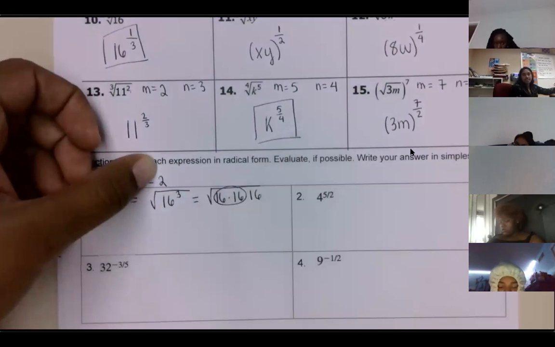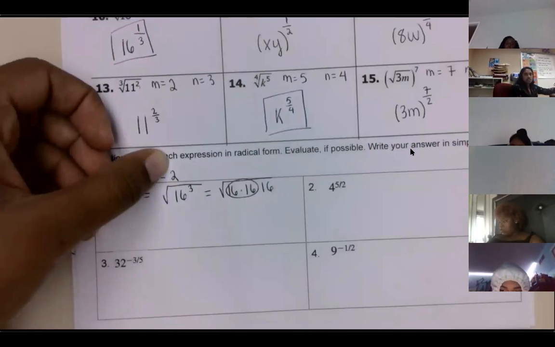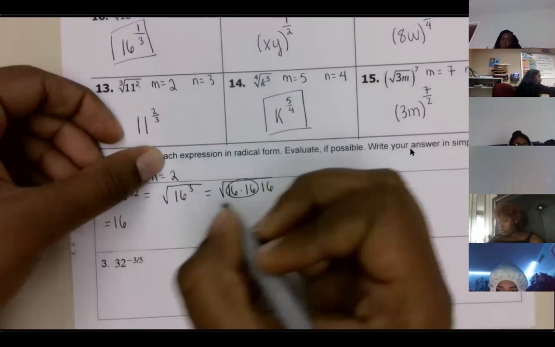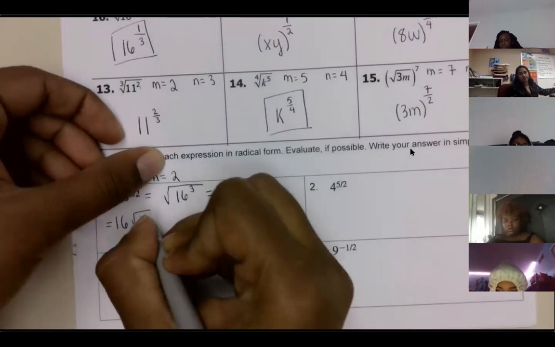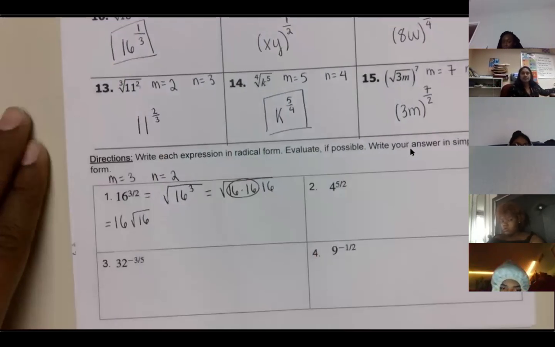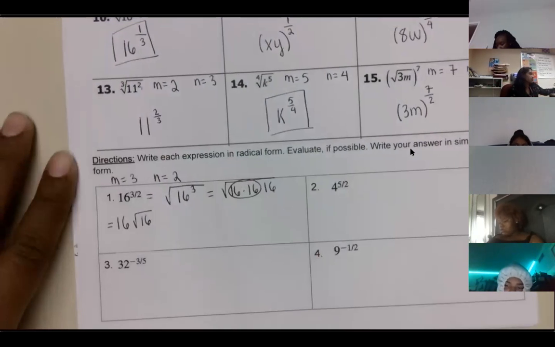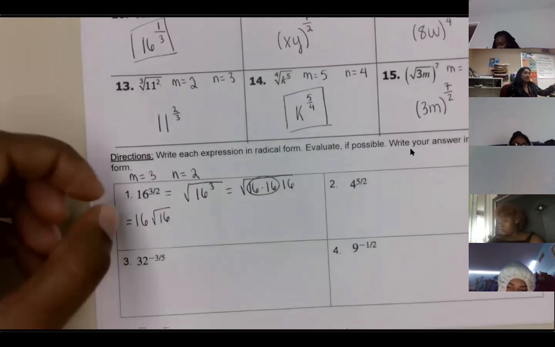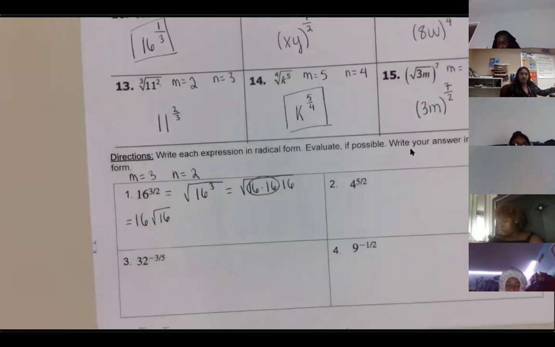So you have a pair of 16s over here. So that means you can take out a 16, you're left with a 16 underneath the radical. So that already simplifies it a little bit because now you got as much as you could out of the radical and you're just left with the 16 inside of the radical.